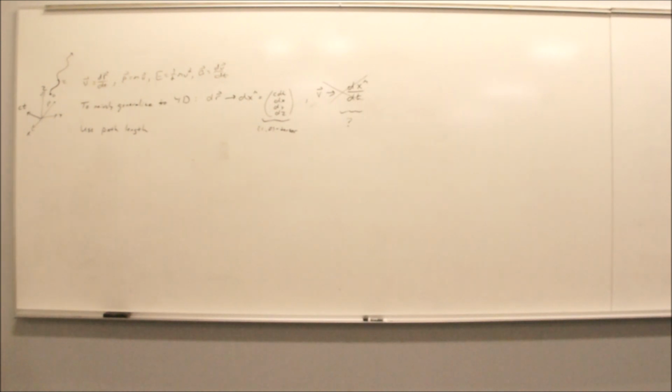Okay? But just think about it. First of all, if you're tracking the motion of something, and I'm just going to do x, y, and t here, if you're tracking the path of something in space and time, even if it doesn't move in space, does it create a path?